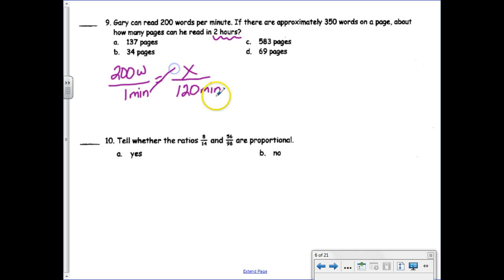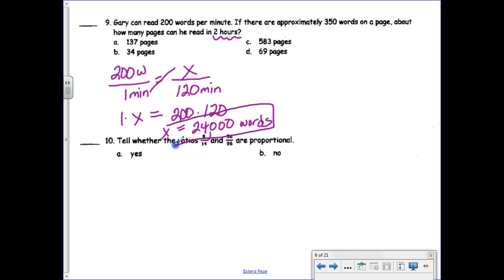So this is one way to approach it. 1 times x equals 200 times 120. All right, when I do that, I think you get like 24,000 words. Okay, so in 2 hours now, he's reading 24,000 words.